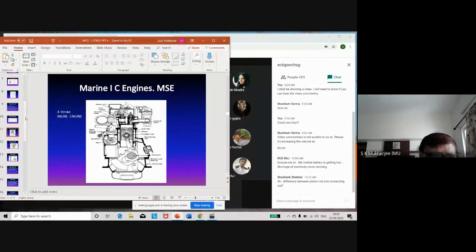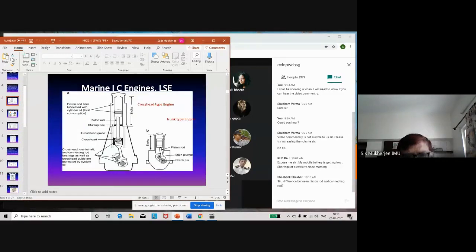See, the piston over here is connected to a rigid rod. That is the piston rod, and it is rigid. In that video also, they showed you a piston upside down, and the rod is rigidly connected to the piston. And then you have a connecting rod which may or may not be connected to the piston. In the case of a trunk engine, there is no piston rod. There is only a connecting rod.